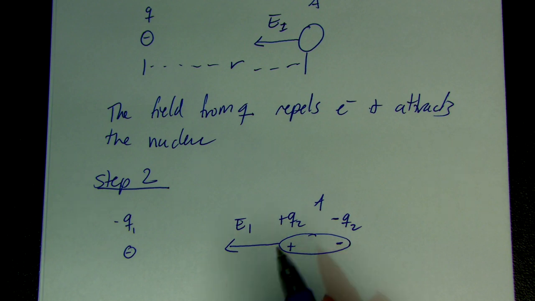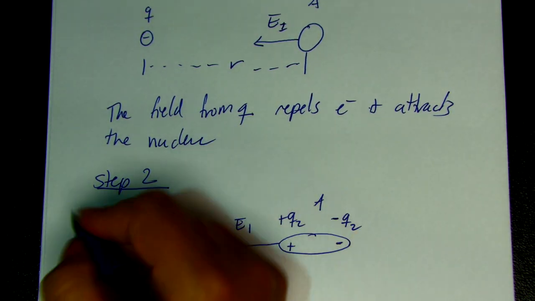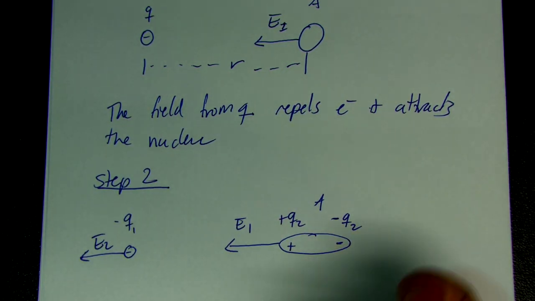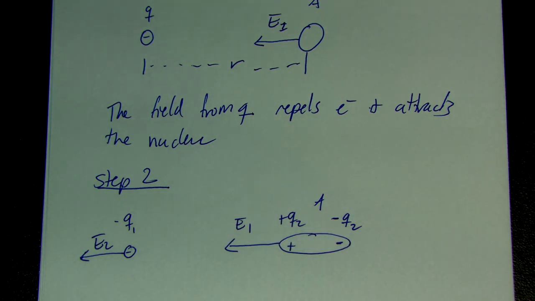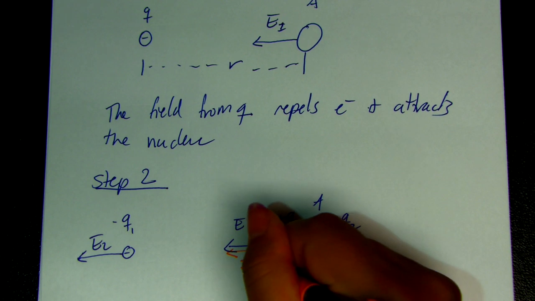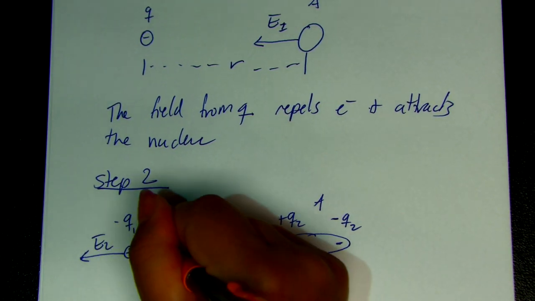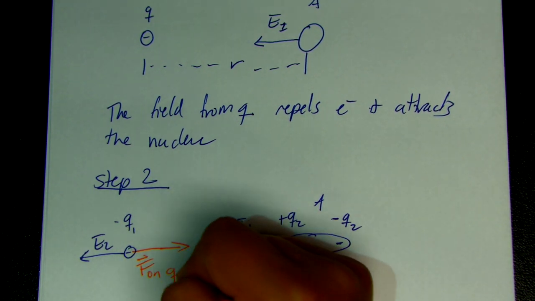And now we have the field from our atom, E2. The net field is going to be going in this direction, away from the positive charge, if we were to sum them together. And we would have the force on the atom and the force on Q1.